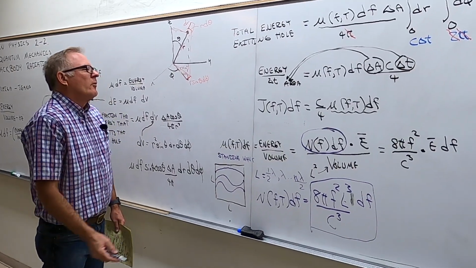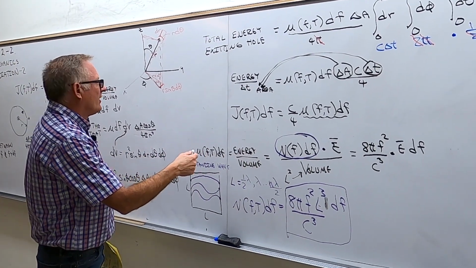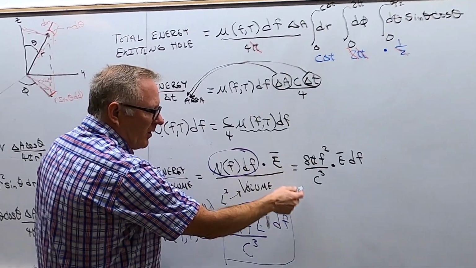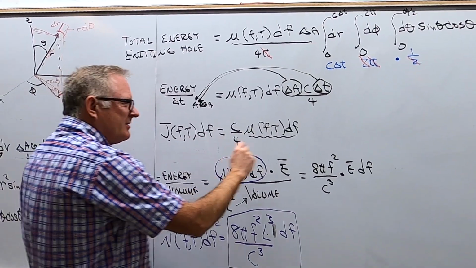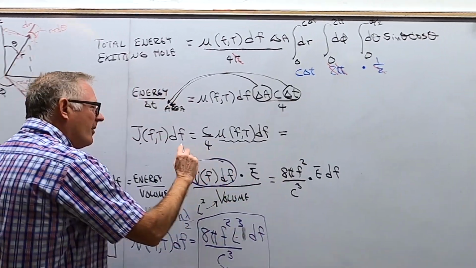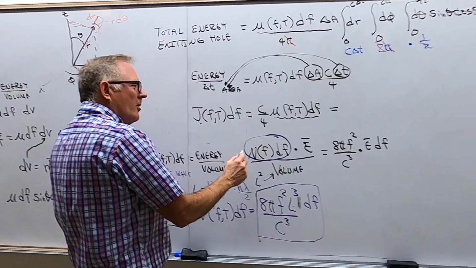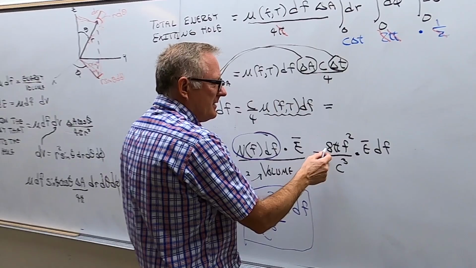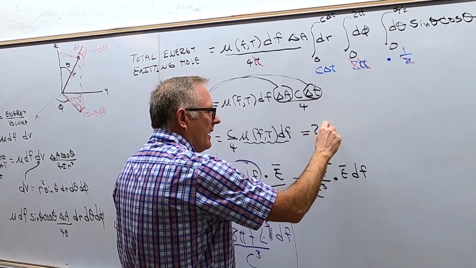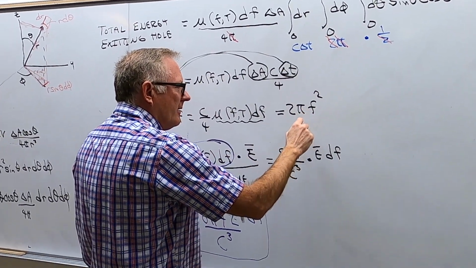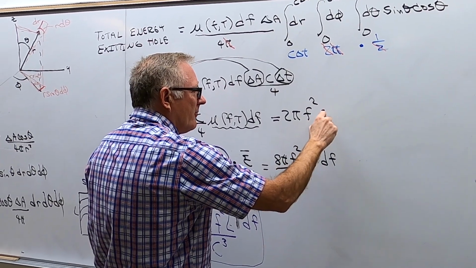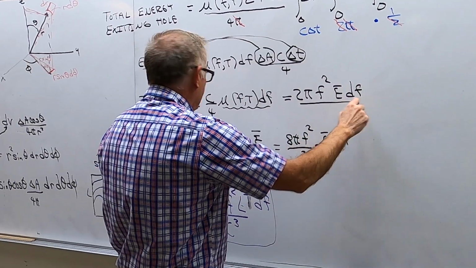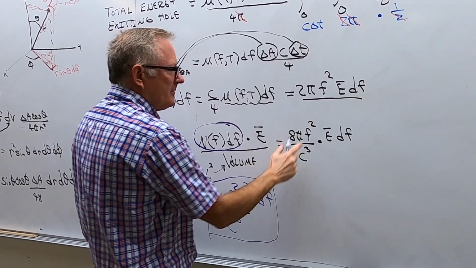Then when we want to go all the way back to J, we multiply it by C over 4. So if we plug that in here and multiply by C over 4, this becomes 2 pi f squared average energy df all over C squared, since one of the C's cancels.